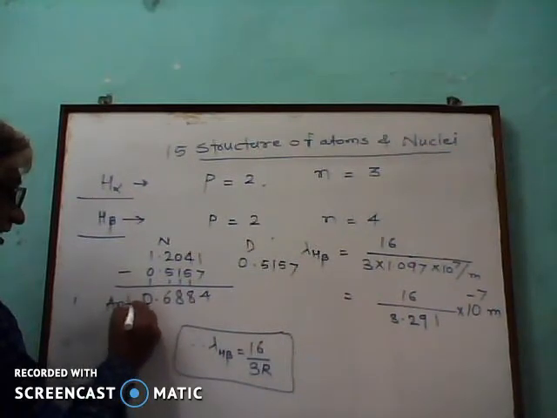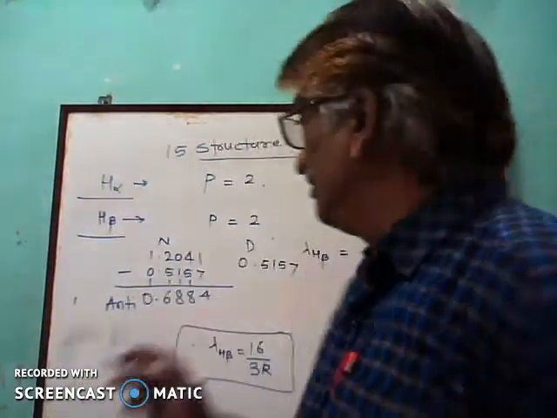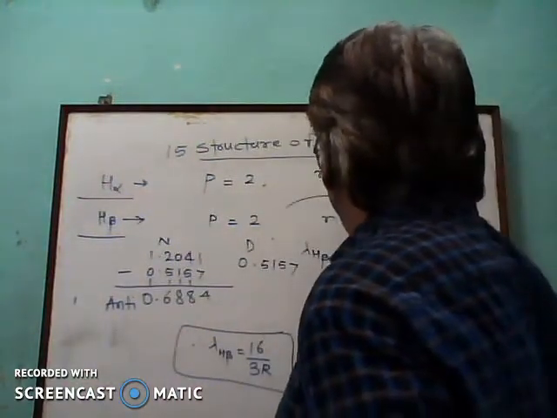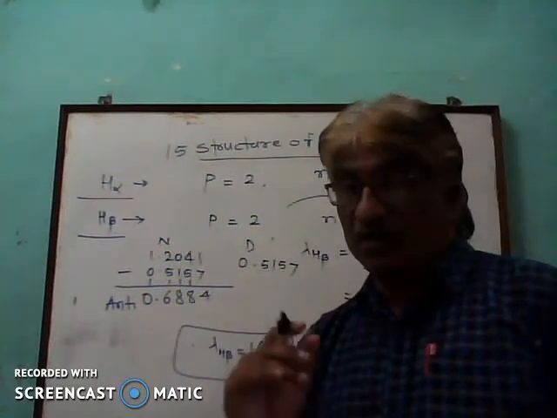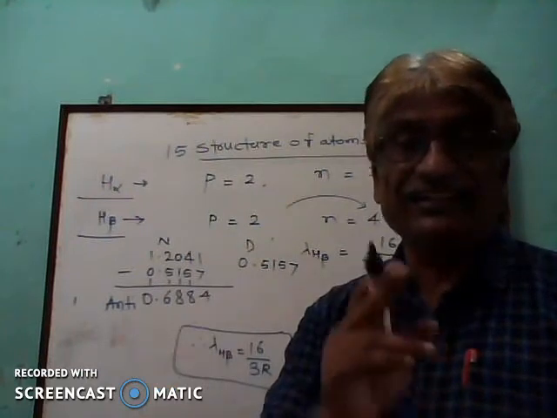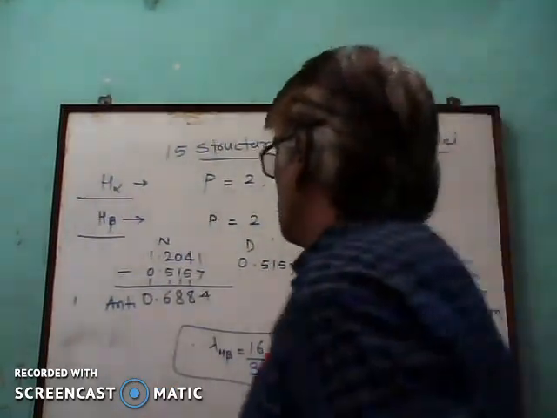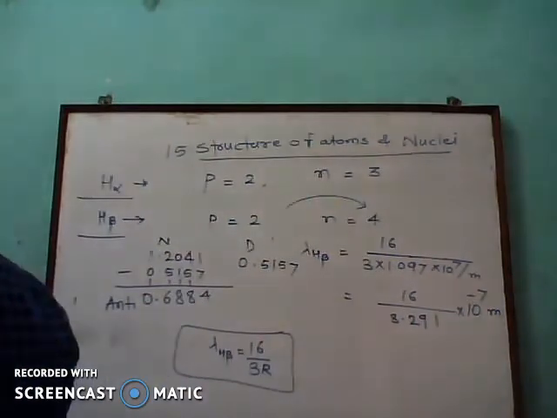Now we take its antilog. Remember that as the number of the outer orbit increases, the wavelength decreases. That can be remembered. So here, we take the antilog.